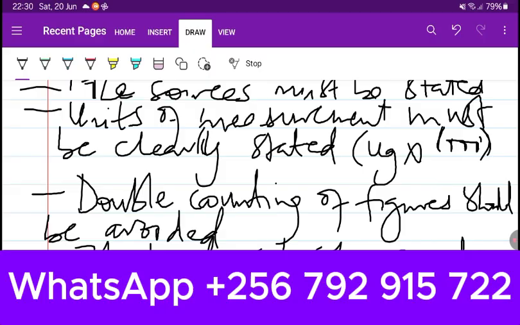So you should be able to use short headings so that you can remove the ambiguity. And those headings should actually be clear and understandable.